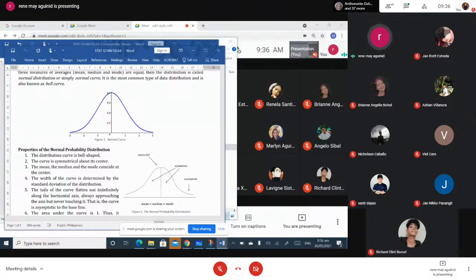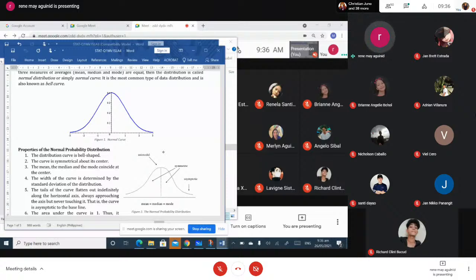The curve is symmetrical about its center. If we talk about symmetrical, it divides into two equal parts. The mean, the median, and the mode coincide at the center, the zero point.